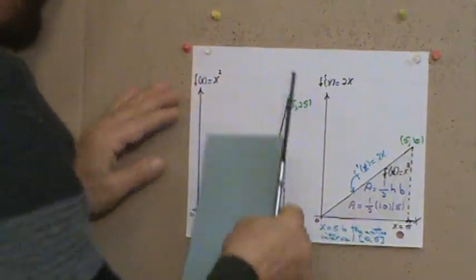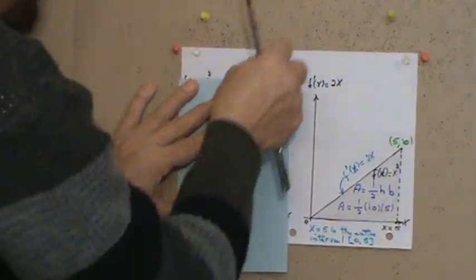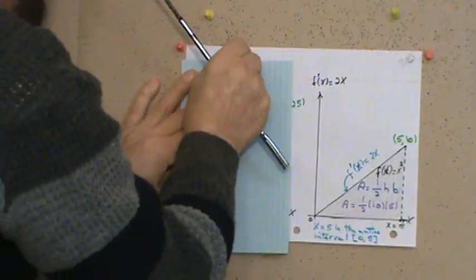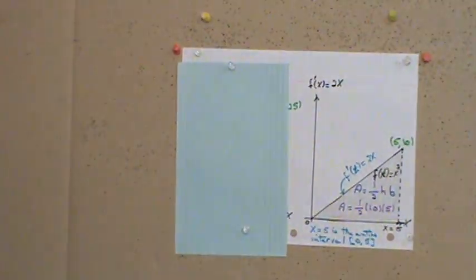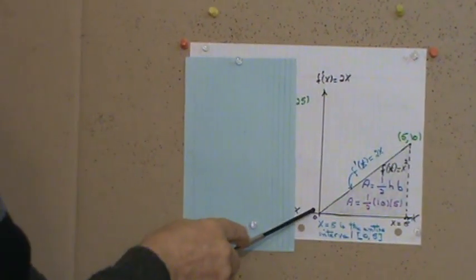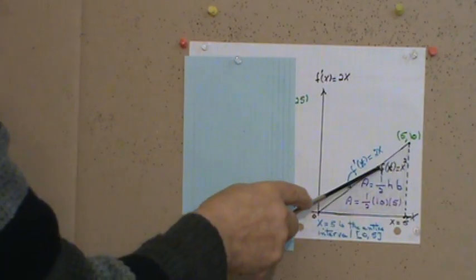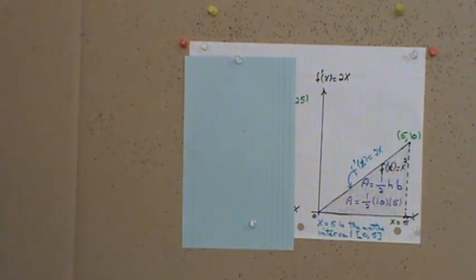So let me cover this part for the time being so that we can concentrate on this one first. Okay, here, this is my f prime of x, 2x, all right?